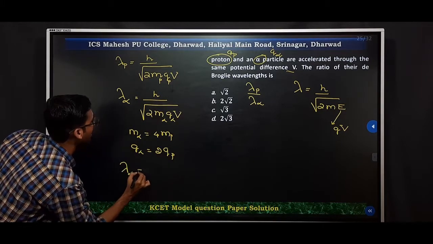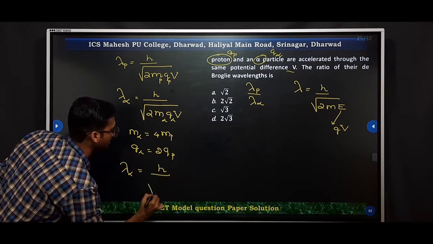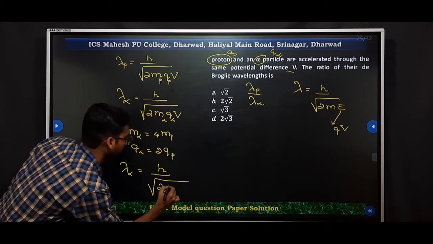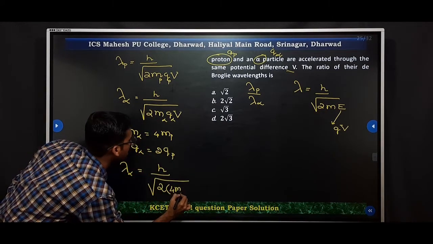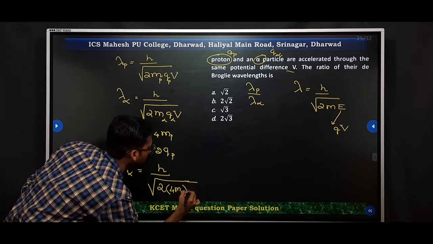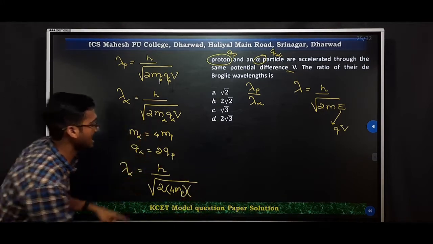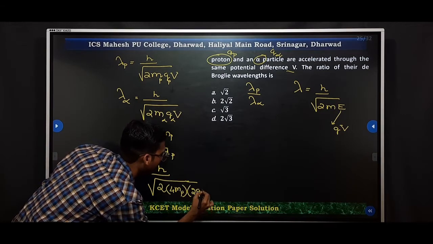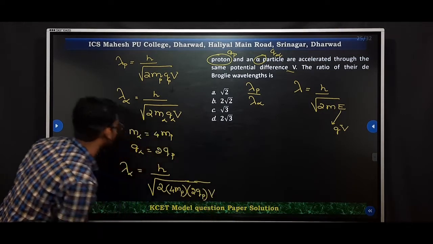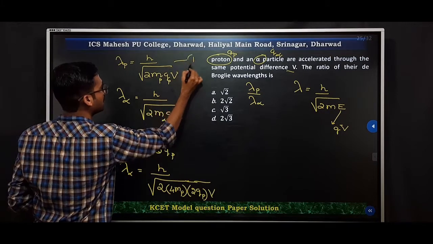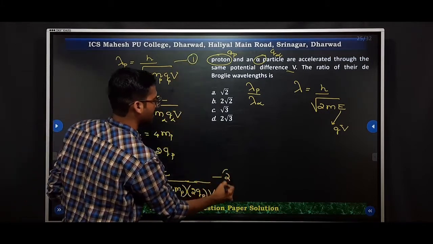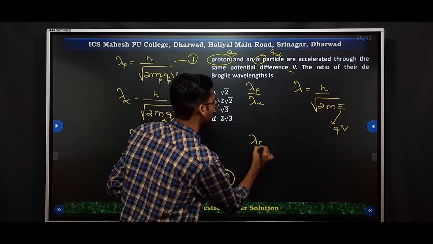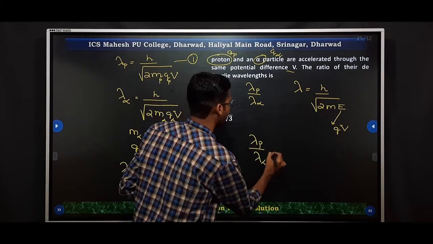Therefore lambda alpha is h divided by under root of 2 times 4 times mp into q alpha, which can be written as 2 times qp, into V. Therefore we are ready with equation 1 and equation 2. Now get the ratio of them: lambda p divided by lambda alpha.